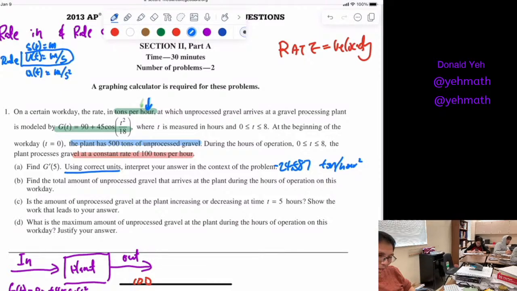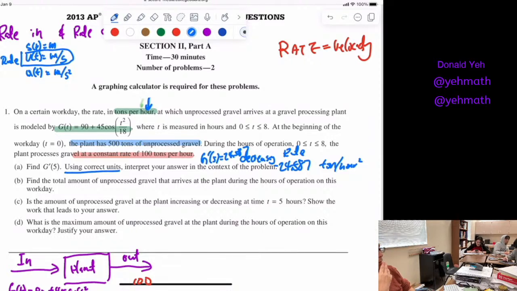You can say it has a decreasing rate, because the rate is the G prime of t, right? Decreasing means the derivative is negative. So it'd be a decreasing rate of 24.587 tons per hour. And you can say G prime of 5 is equal to negative 24.587. So that's how you write it correctly.